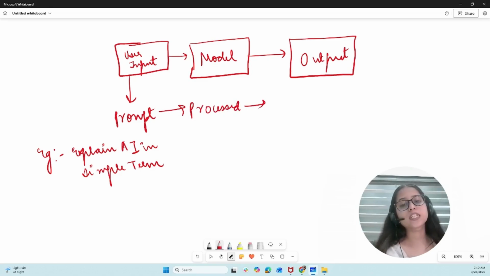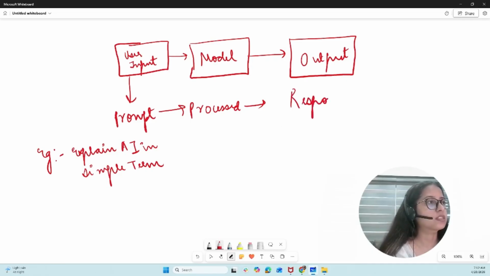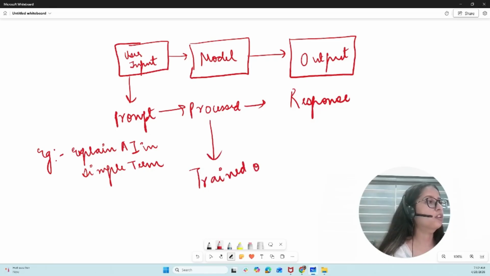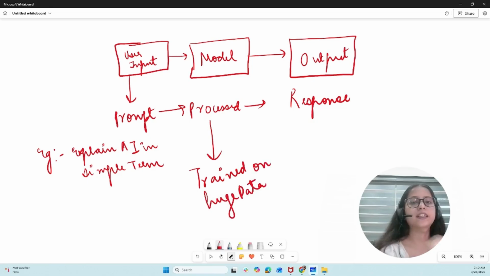Okay, once it is processed, it gives an output, that is a response. Then it will give you the response of what you have given to it. Okay, so what is basically happening inside the model, that we need to understand. This model that processes your prompt is trained on huge data.